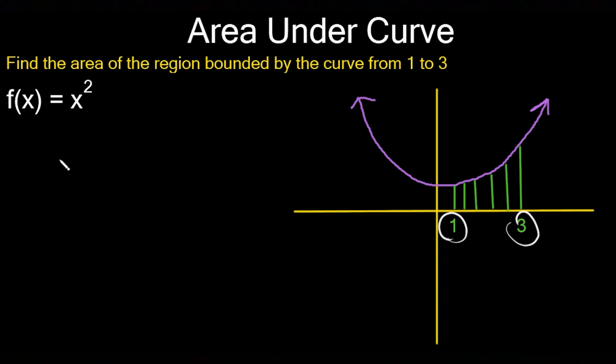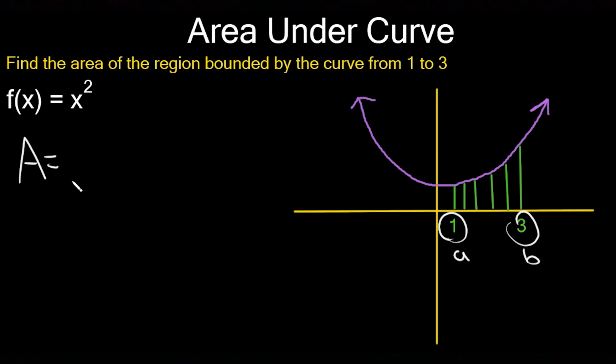So the first thing we have to do is set up our integral. Area is equal to the definite integral from a to b. Your a here is 1, your b is 3. So you always go from lower to upper limit.